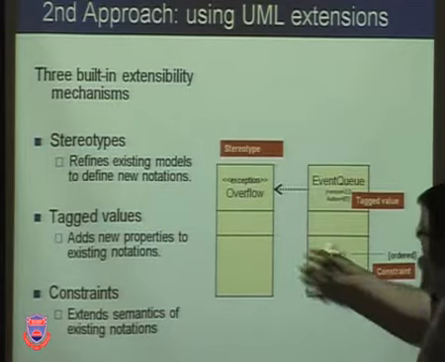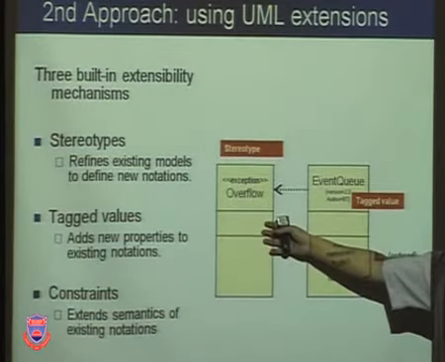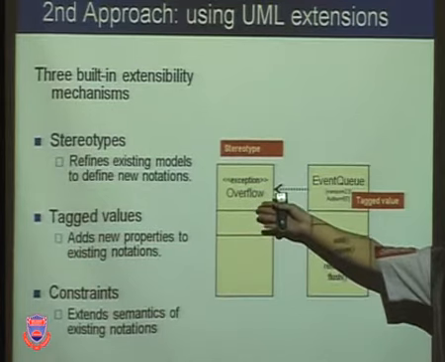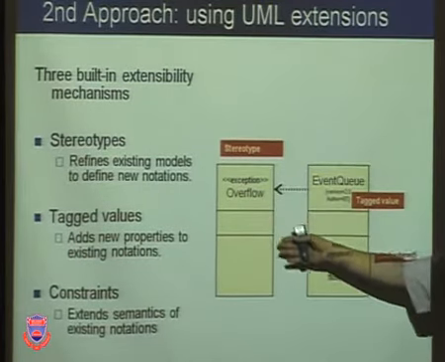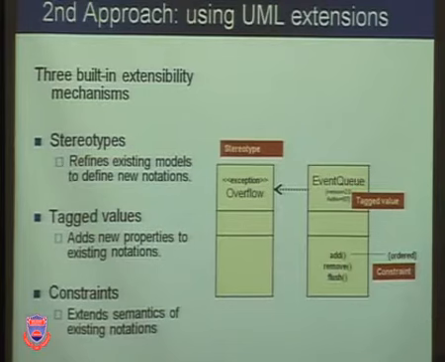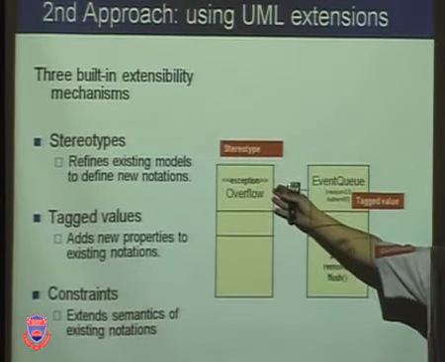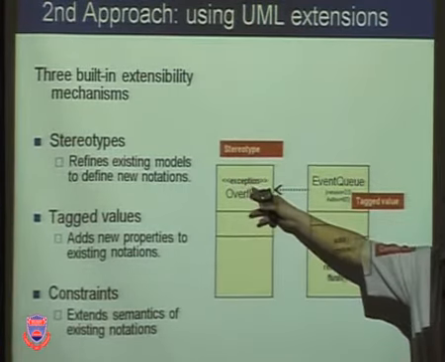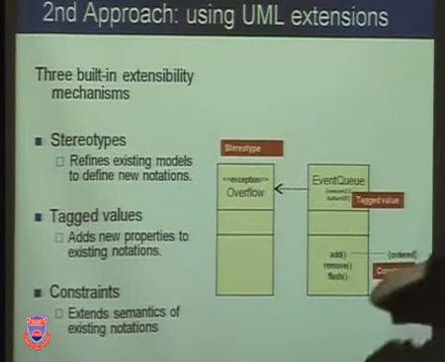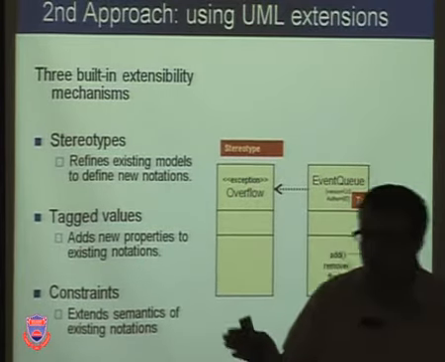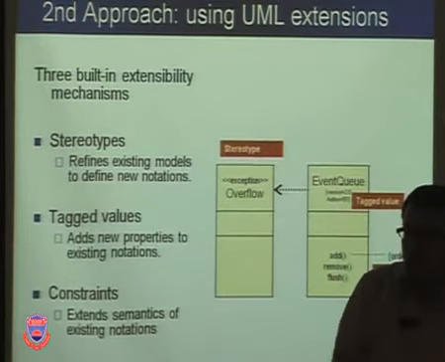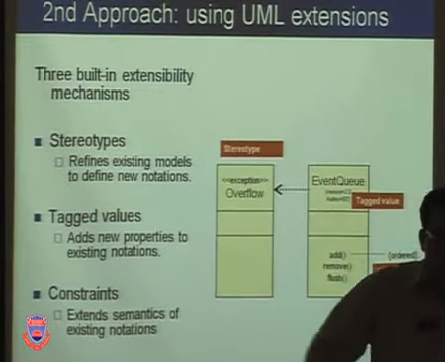In this case we say this is an overflow class, but it's a specific class. It is used to handle exceptions. We explicitly denote it with this. So we have just borrowed the same class element, but we have stereotyped it with exception. You can define this yourself to explicitly define that it's something different. It's not just an ordinary class. It's a class which handles exceptions.